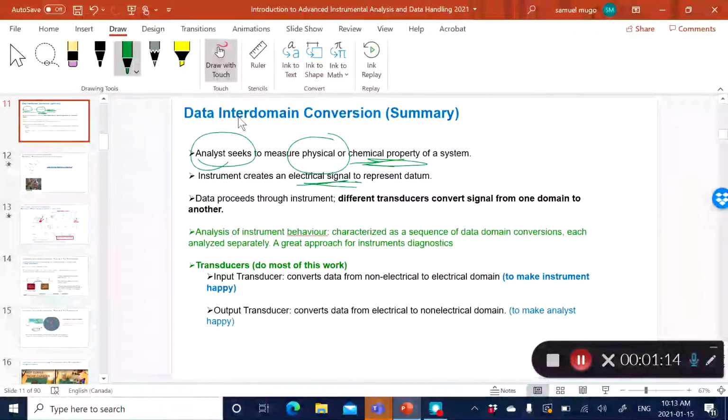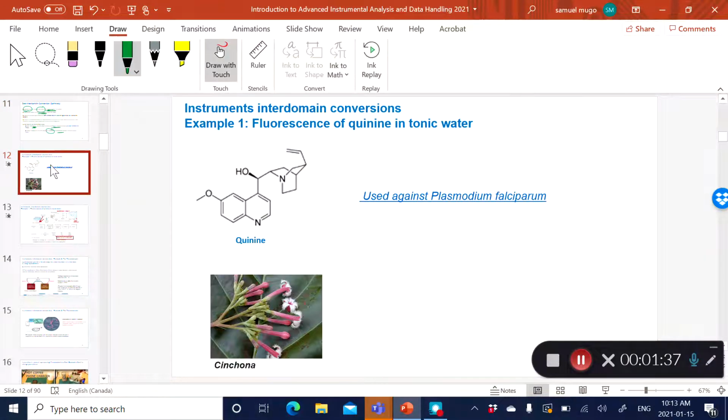Any conversion from non-electrical to electrical domain is what is there for the input transducer. That's what happens first. And then the output transducer converts the information that's electrical into a non-electrical domain, which is the analyst domain. Maybe I'll give you an example just to clarify what I've just said.